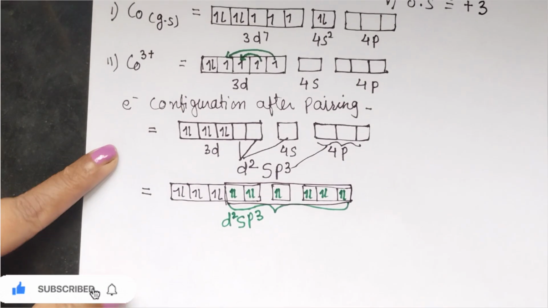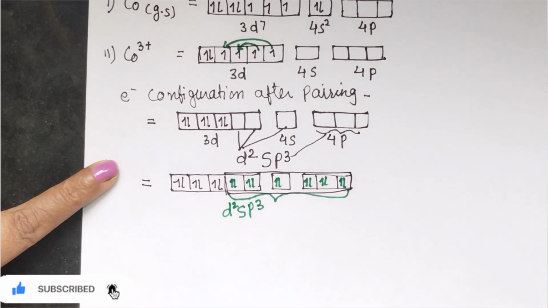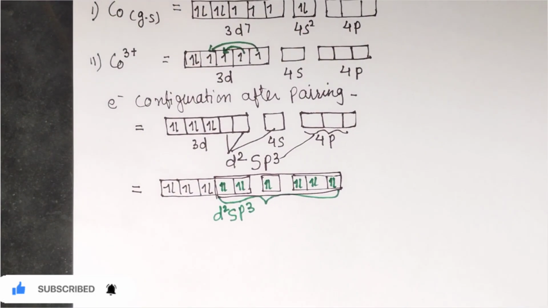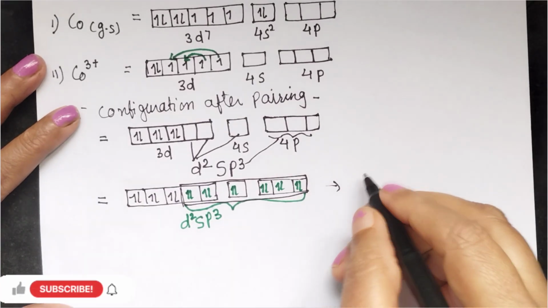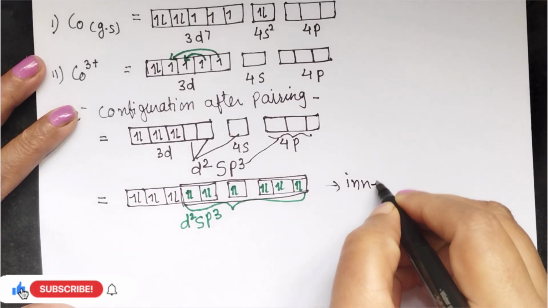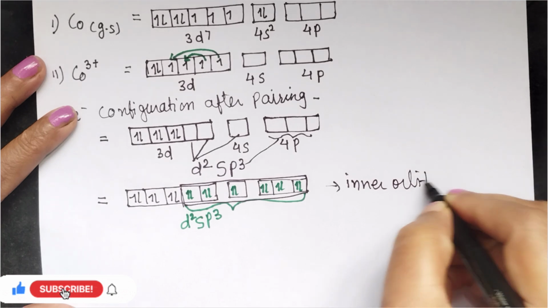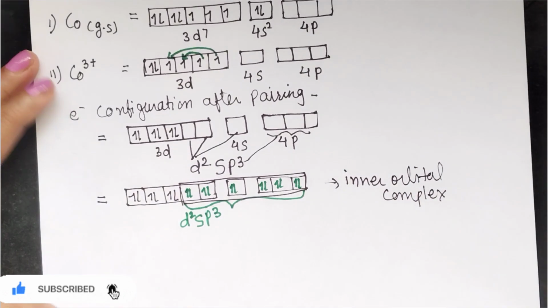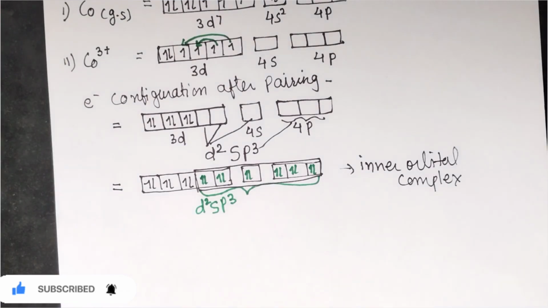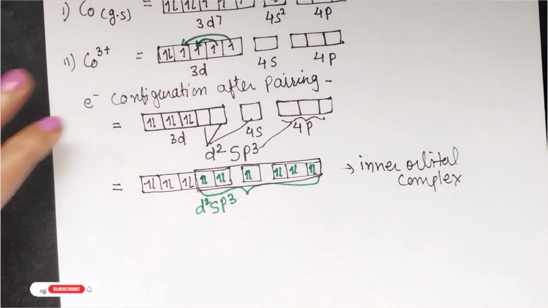Now students, if you see this, the inner d orbitals are utilized here, and therefore this complex is called inner orbital complex. So this is based on the VBT concept, how the hybridization takes place.